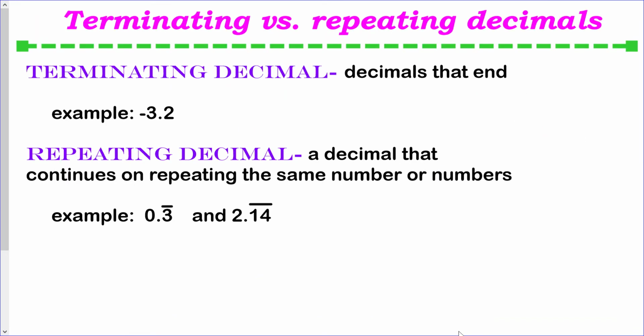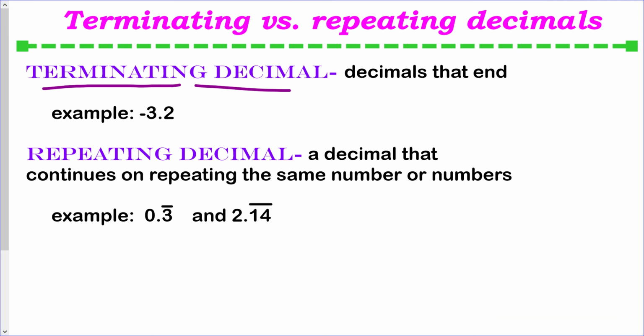Also, when you see decimals, terminating and repeating decimals are considered rational numbers. For terminating decimals, those are decimals that stop. Okay, so for example, negative 3.2, another example, 0.625, 0.1, 0.25, 0.625.